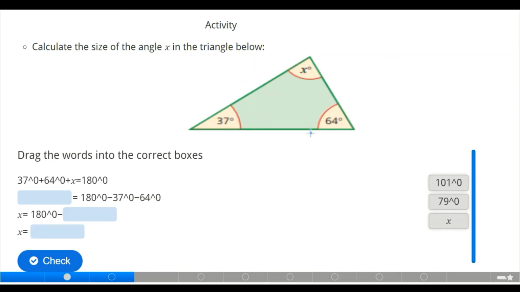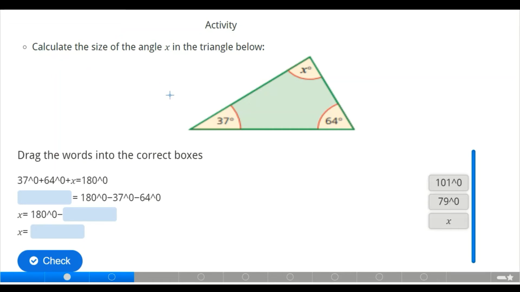We are told to calculate the size of the angle S in the triangle below. We have S degrees, 37 degrees, and 64 degrees. All we need to do is add up all these angles and equate it to 180, based on the fact that the sum of the angles of a triangle is 180 degrees.